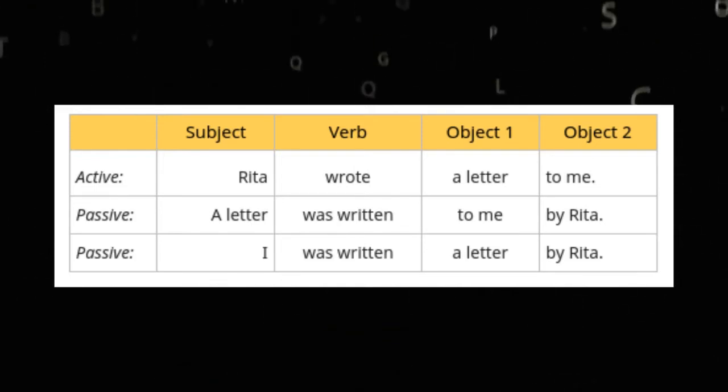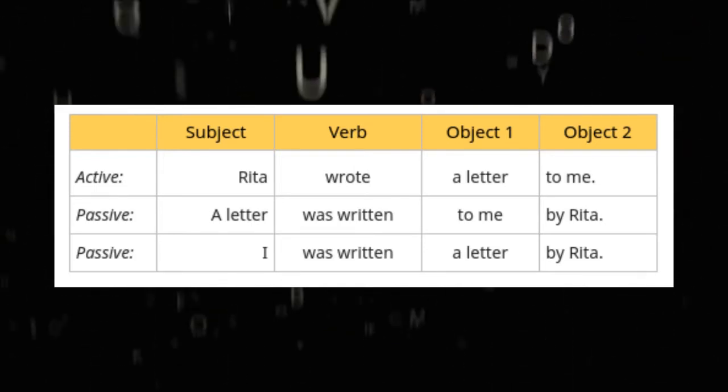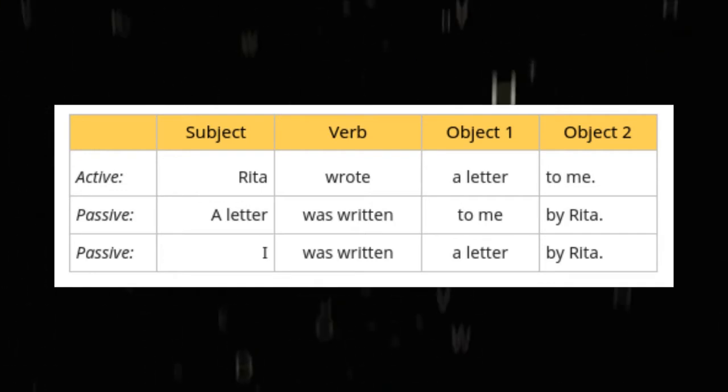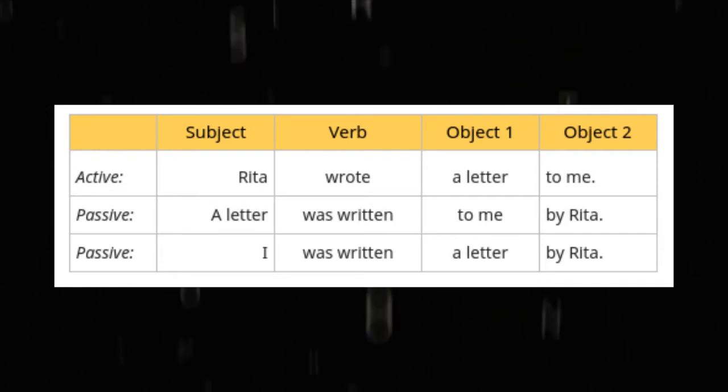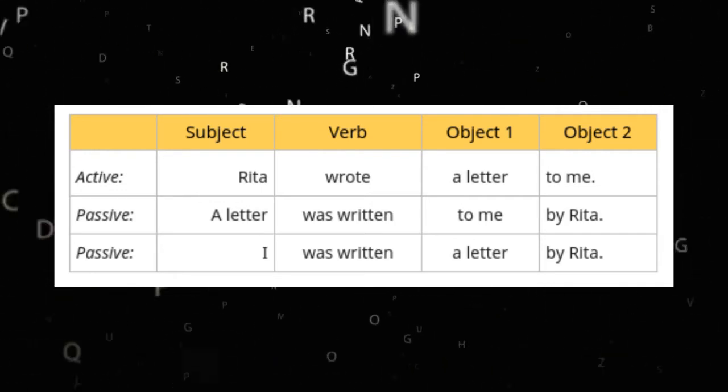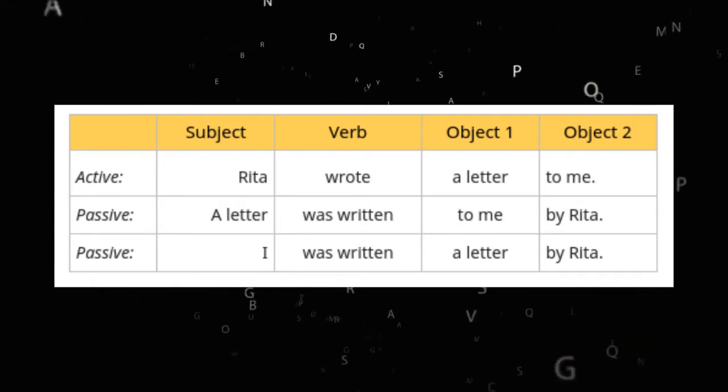The verb remains was written, and the object is the letter, object 2 by Rita, if we need to include that object. As you can see, both versions of the passive voice there are clunky to the point where they just sound wrong. If you were to see those written down on a website, they're just not going to look right. Let's have a look at some more examples.